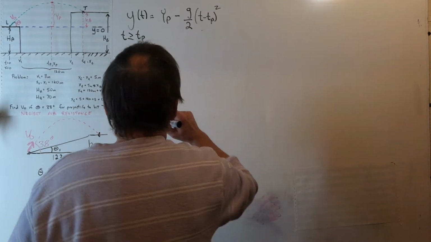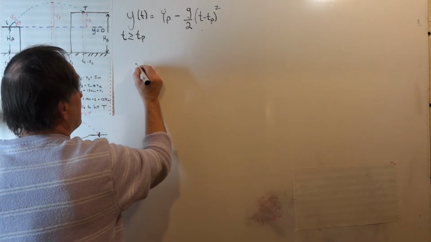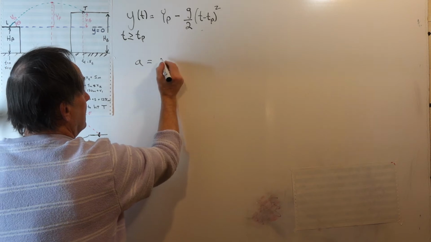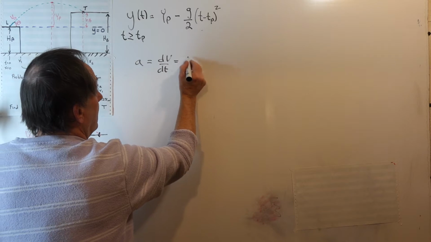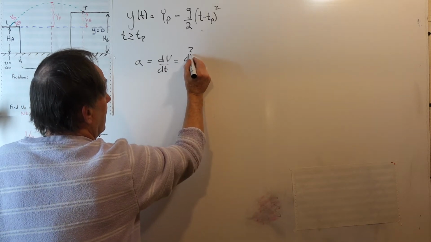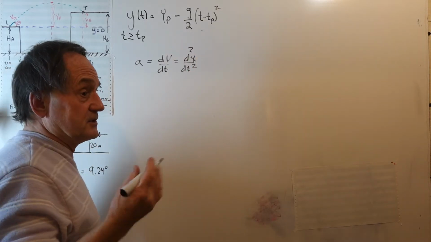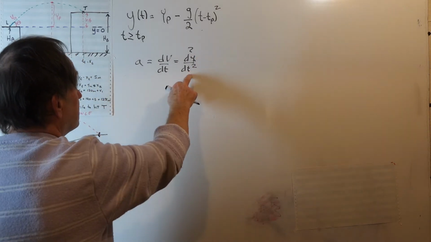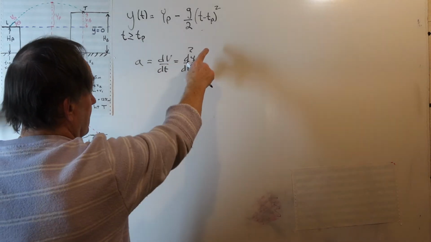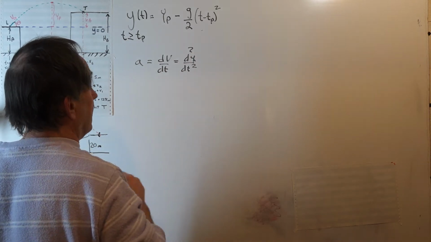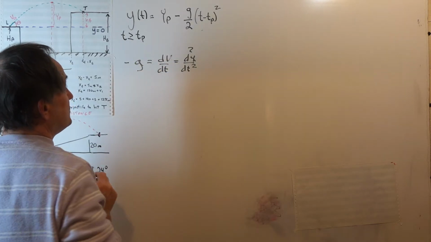That is, if given, we know that acceleration is the time derivative of velocity with time, or the second derivative of y with respect to time. Since velocity is just the first derivative of y with respect to time, we're taking the derivative of that. So the acceleration is the second derivative of y with respect to time. Well, what's the acceleration? The acceleration is minus g.